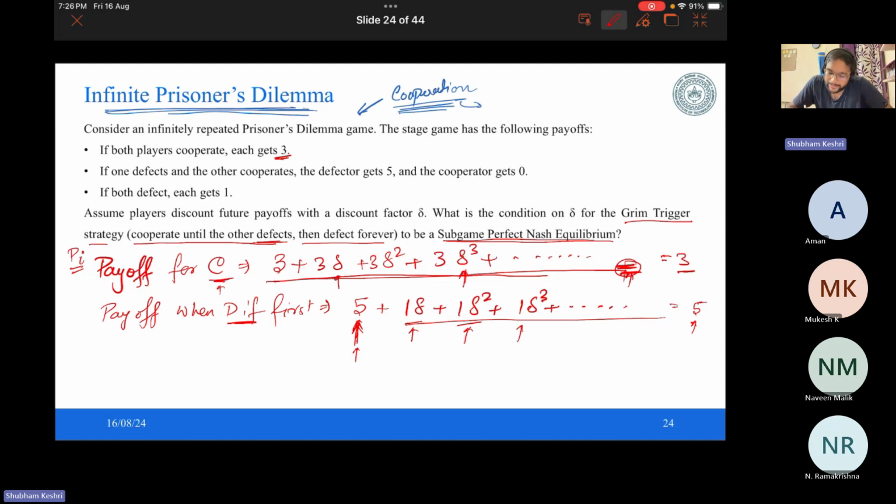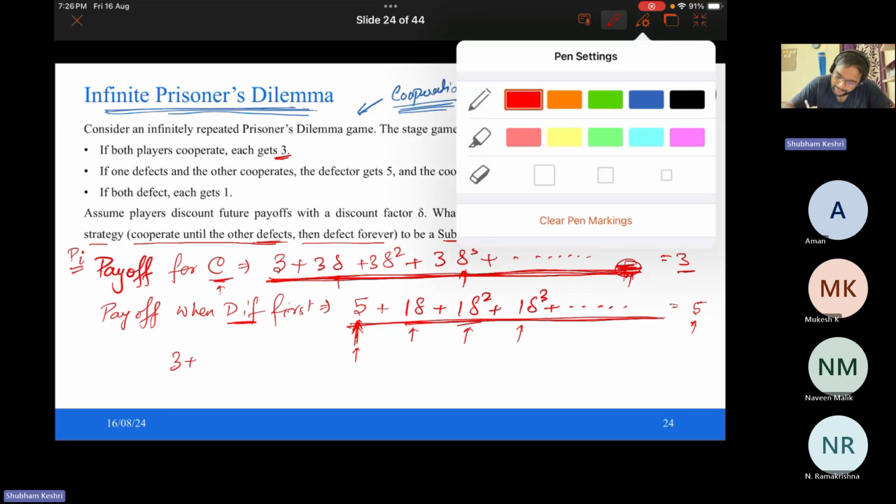That value of delta will tell me at what period he shouldn't defect, or he should cooperate, till which point he should cooperate. So what we are saying is, this is the utility when he is cooperating, this is the utility when he defects first. Now, if this value of cooperation is more than the value of defecting, he will never defect. So 3 plus, so actually this sum will become, so I'll write it over here.